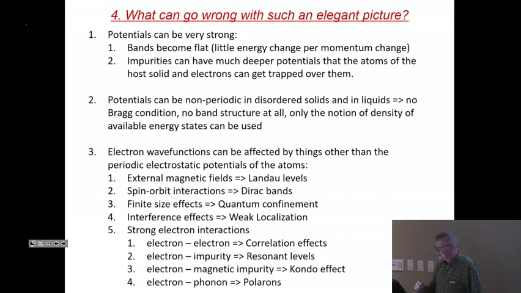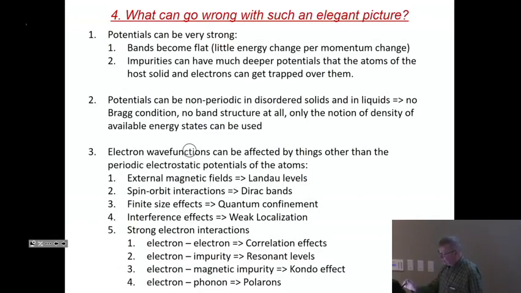We can have potentials that are not periodic, for example in a liquid. Then you have no Bragg condition. You cannot define K-space within pi over a, because a is not well defined. It varies from location to location in your solid. So you cannot really write the band structure. You still have, though, the density of available states.